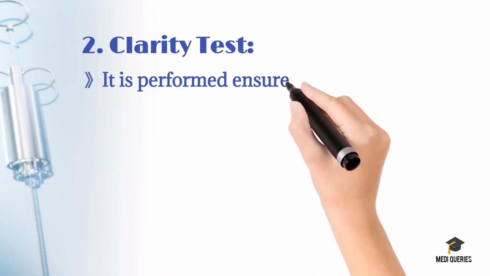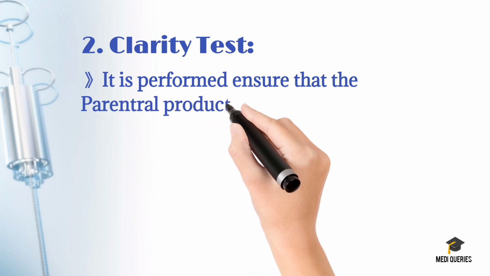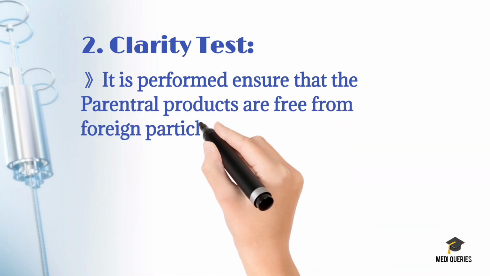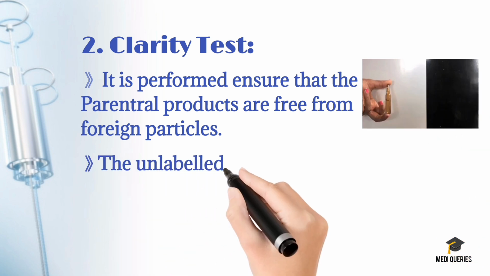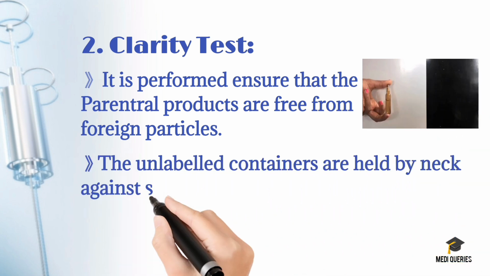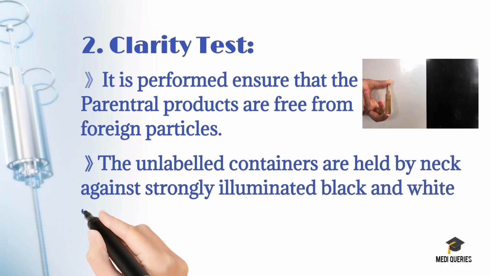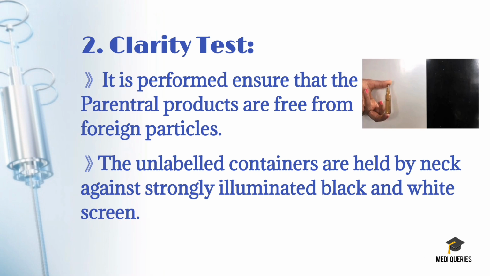The next test is the clarity test. The clarity test is performed to ensure that parenteral products are free from foreign particles. Each parenteral preparation in its final container is subjected individually to a visual inspection to exclude the possibility of foreign particles. The unlabeled containers are held by the neck against strongly illuminated black and white screens.